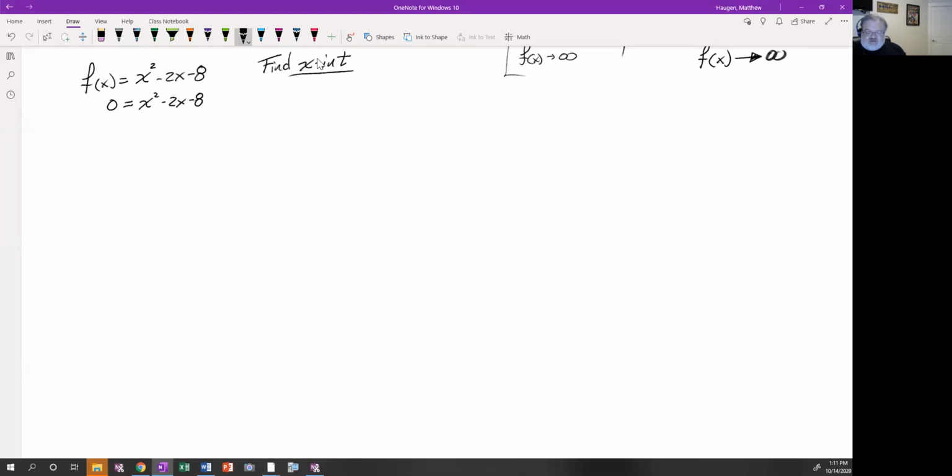Before the quadratic formula, before any other tool, what's a good tool to try first?